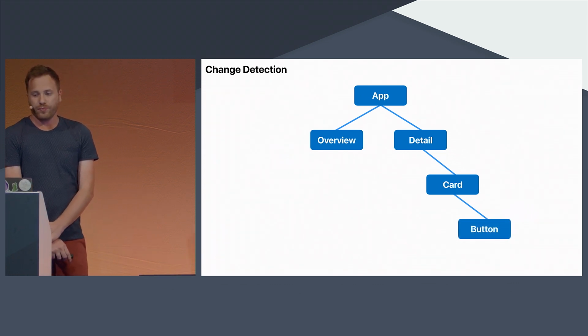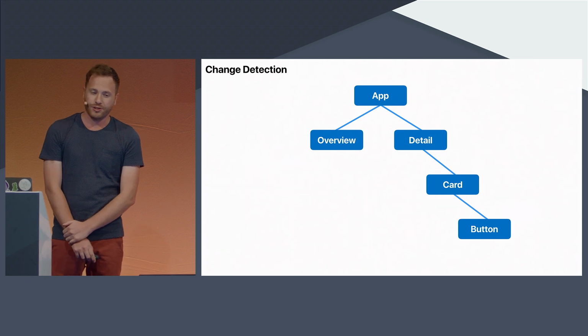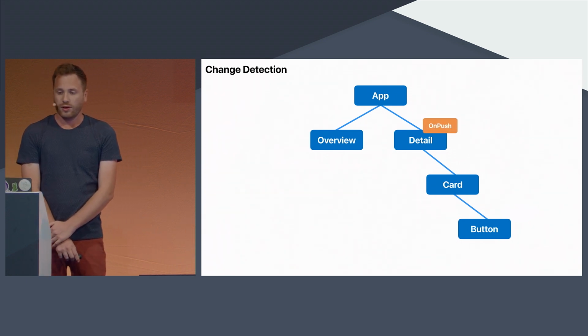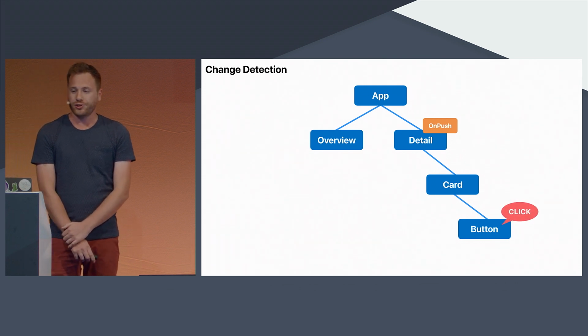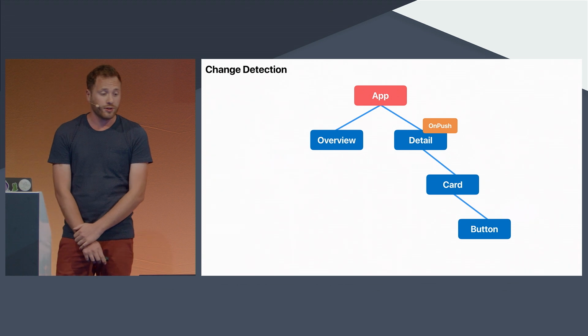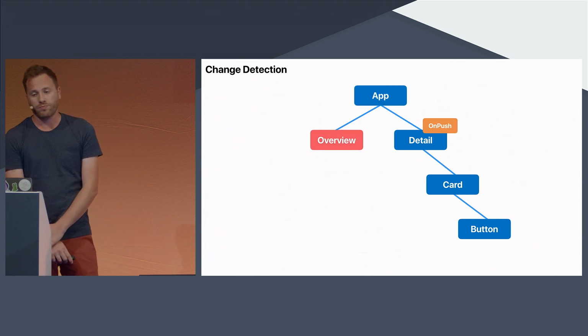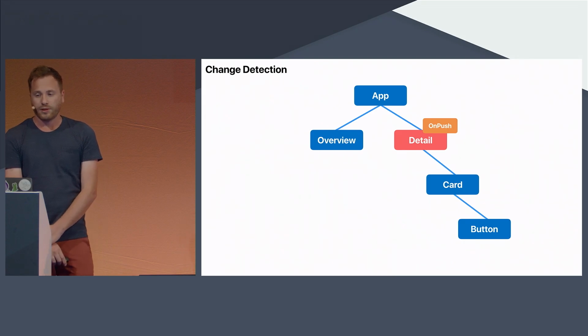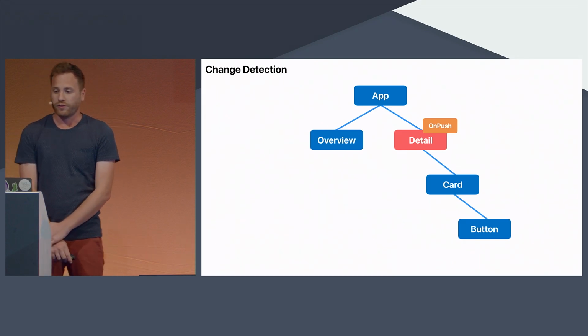So what's happening if we change the change detection strategy of the detail component to onPush? When we now click a button, the change detection kicks in. It starts again at the top with the app component, traverses down to the overview component, reaches the detail component, but now we have a problem there.